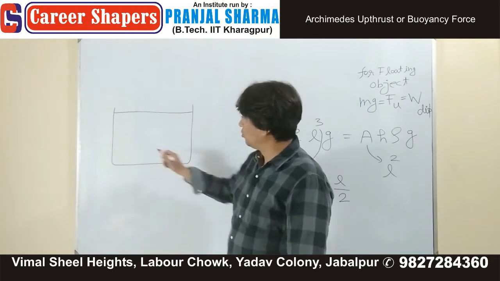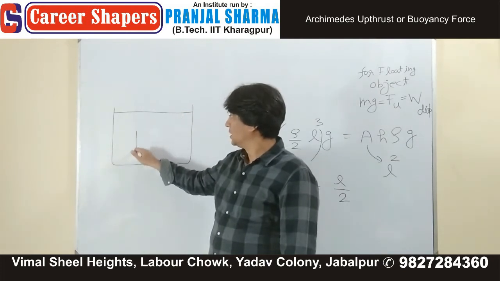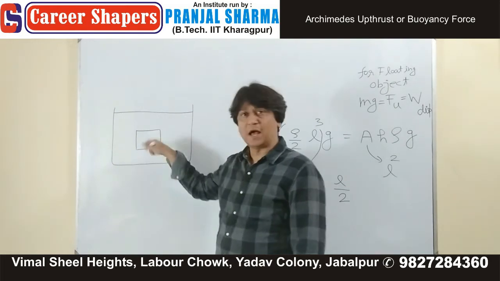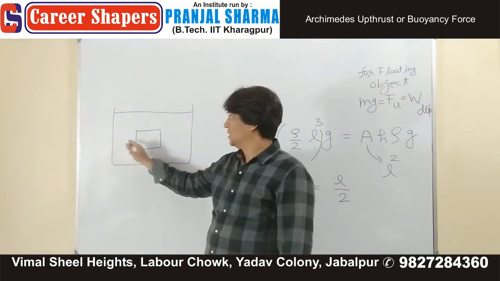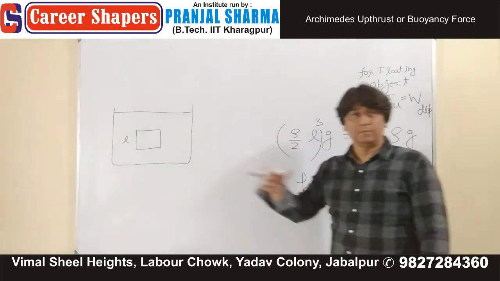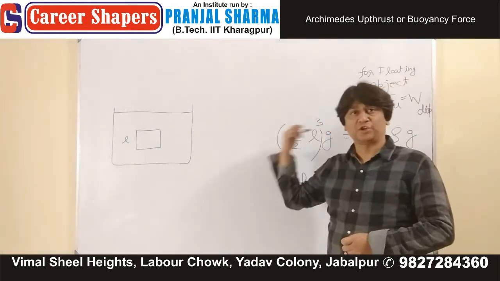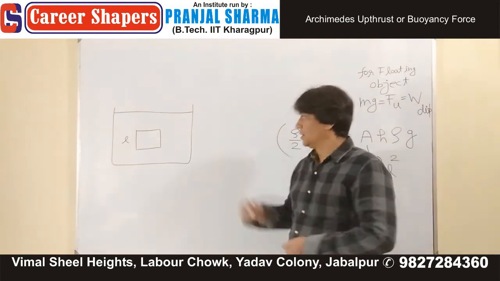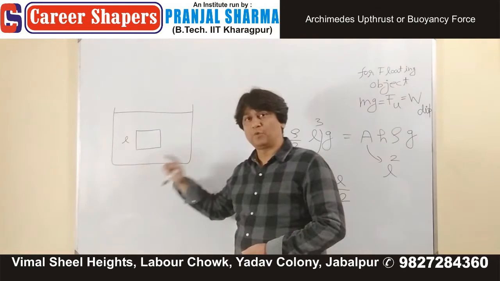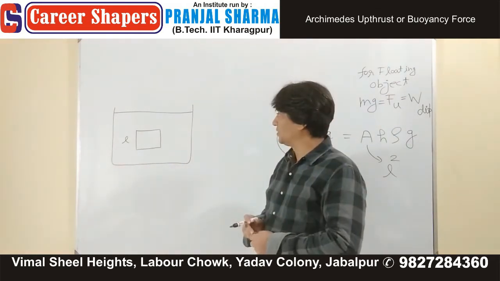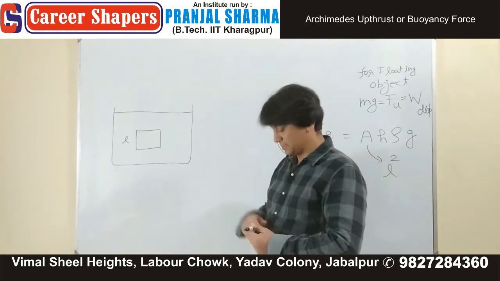Let's take a cube only. Suppose somebody has submerged the entire cube. Side length is L. It can be any shape. Remember, it can be any shape, any cylinder, sphere, cone. The concept will be valid. And with a cone it is much easier to understand, and therefore pay attention to this.